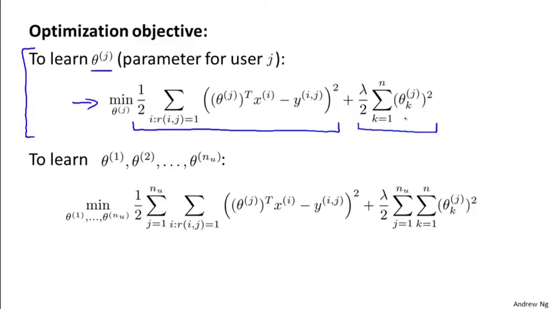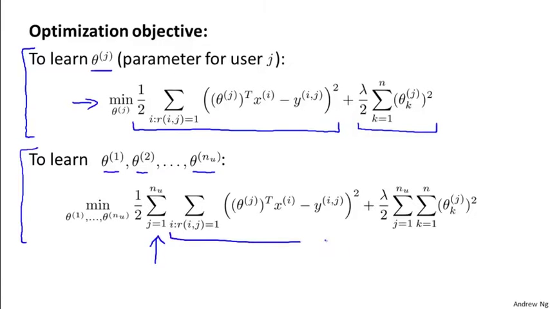Now, of course, in building a recommender system, we don't just want to learn parameters for a single user. We want to learn parameters for all of my users. I have n subscript u users, so I want to learn all of these parameters. So what I'm going to do is take this optimization objective and just add an extra summation there.